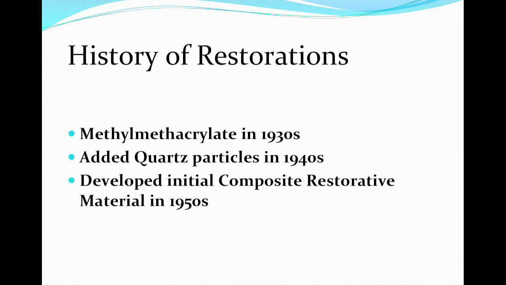But methyl methacrylate was used in the 1930s as a restorative material. So basically that's what we use now for plastic dentures, acrylic dentures. And it's funny to think that at one point we used that as a restorative material.